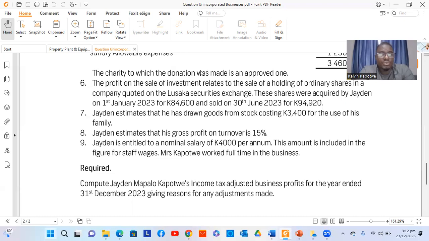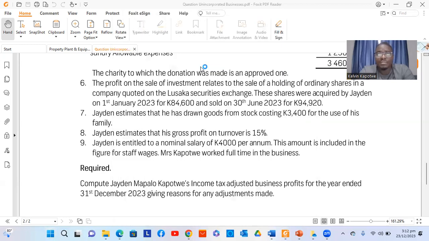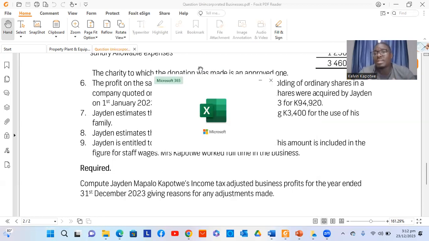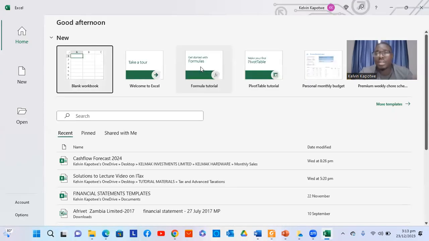Let's get to work. I'm not fast, so you can't come and say, I didn't get it. I think I've tried to explain the transactions that are in the question.